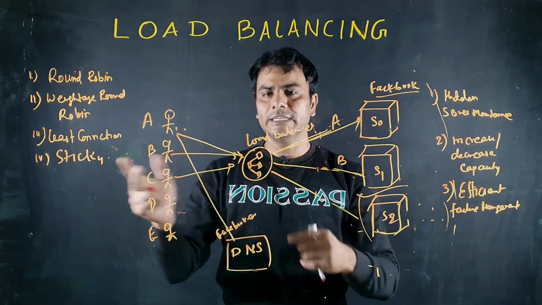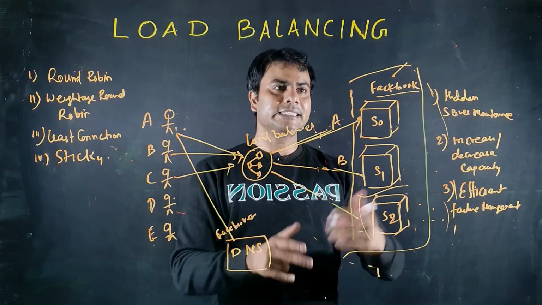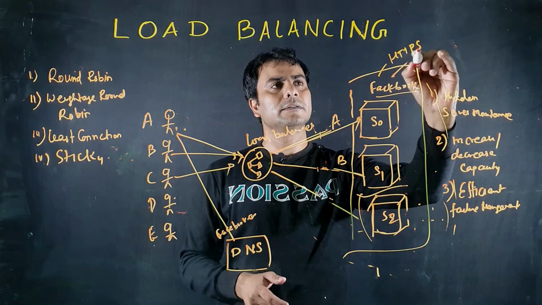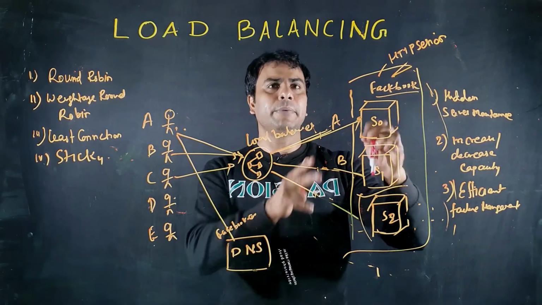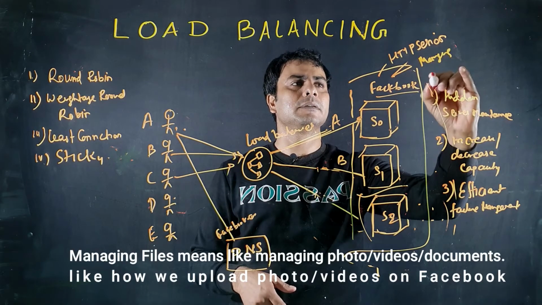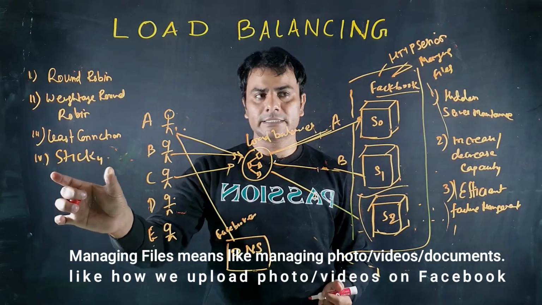So we use a sticky load balancer if we are using any state related data like an HTTP session, or we are managing files in this system. In that case, we can go for a sticky session.